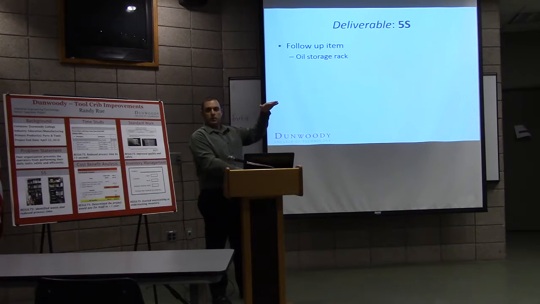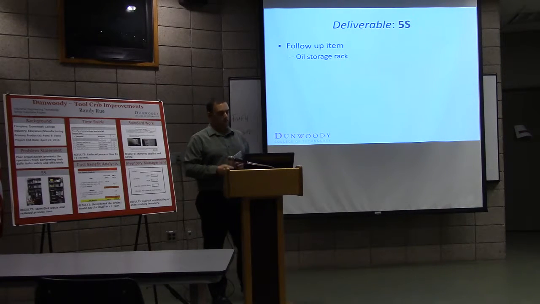It also saves floor space vertically. It's in the works. The manager has been working with the welding shop to hopefully get that made up so we can put that in later.